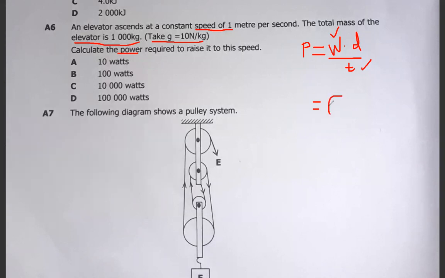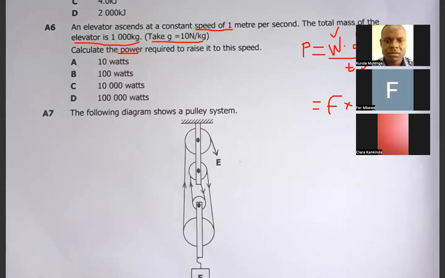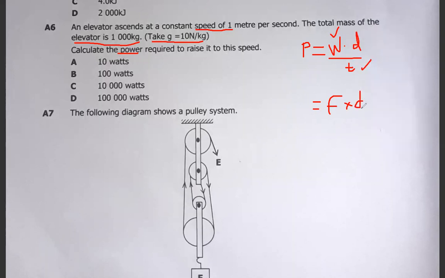So force times distance is what is being divided by time. Now what is force? Force is equal to mass times acceleration. So this is ma multiplied by d, then we divide by time.